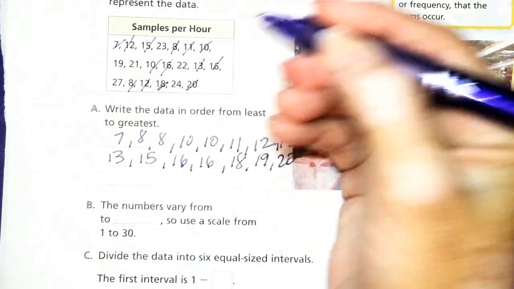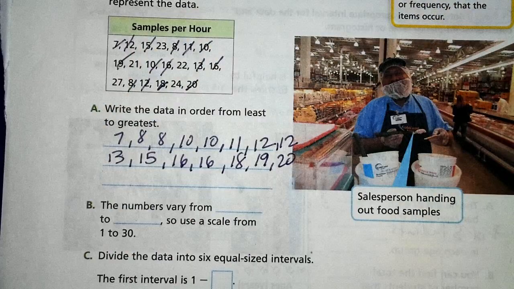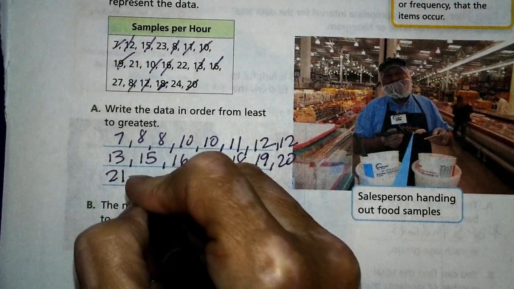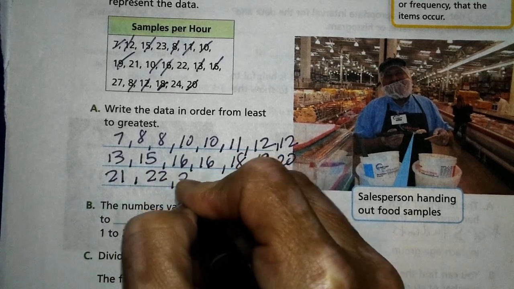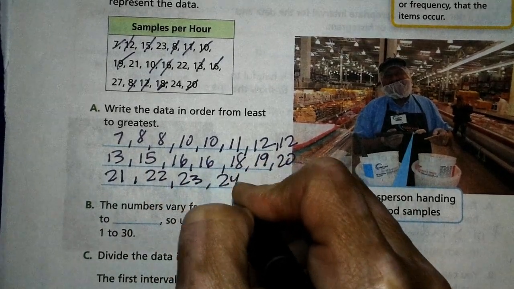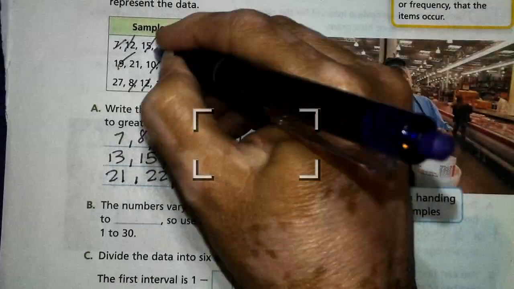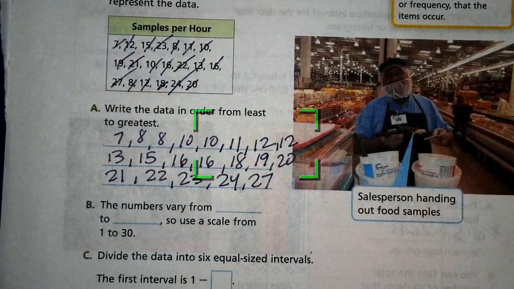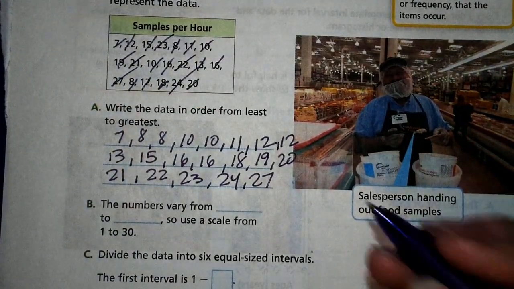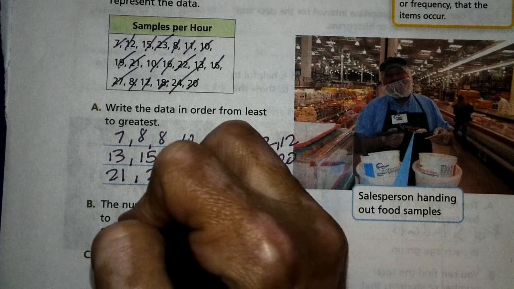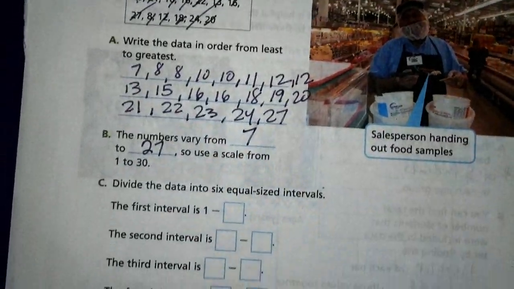So 20, 18, and 19. 21, a 22, a 23, a 24, and a 27. So there's 23, 21, 27, 22, 24. So we have them all. So the numbers vary from 7 to 27.